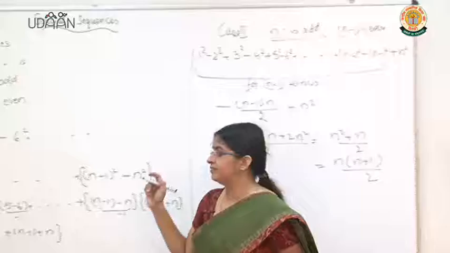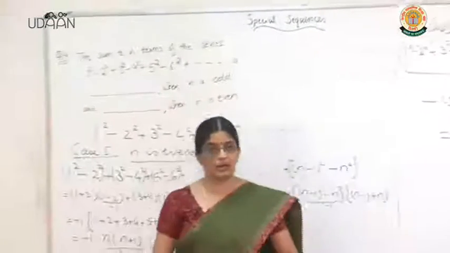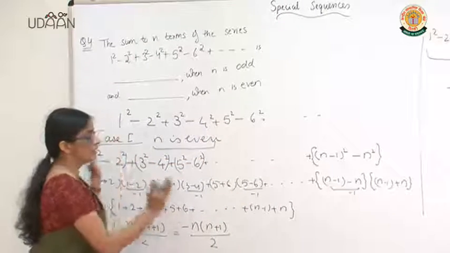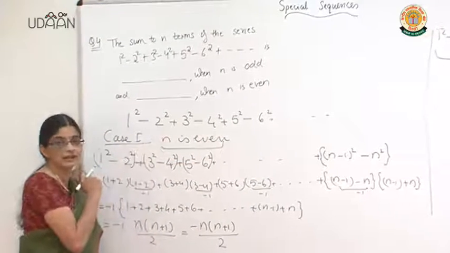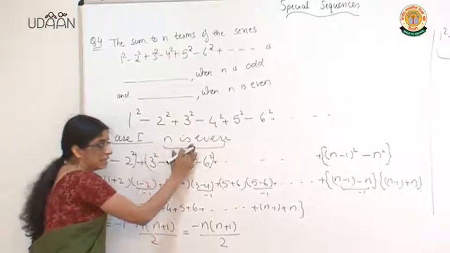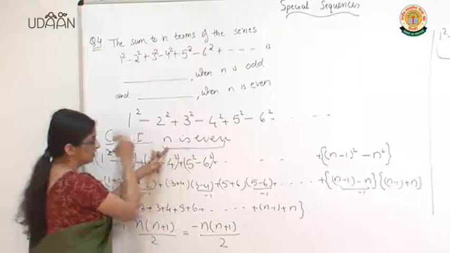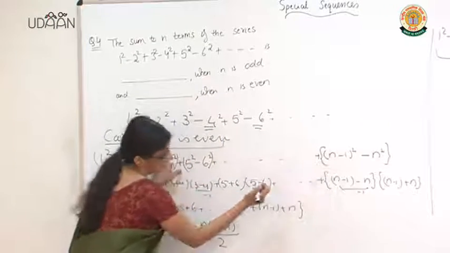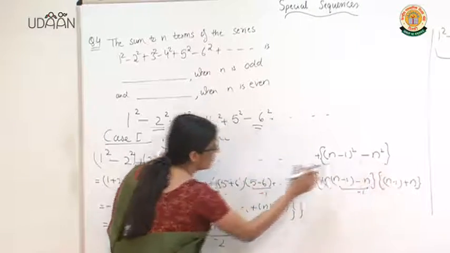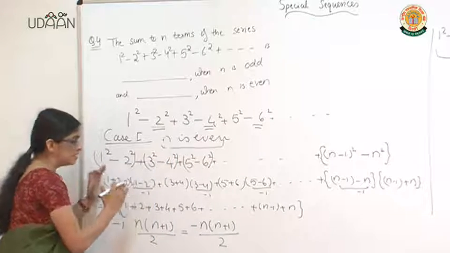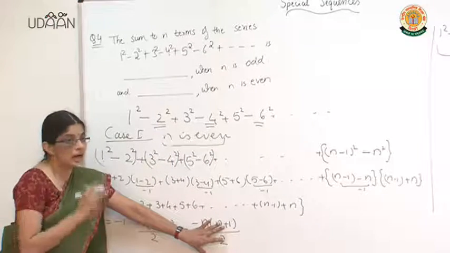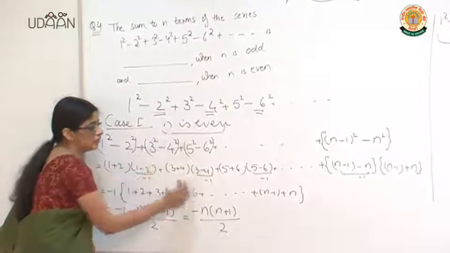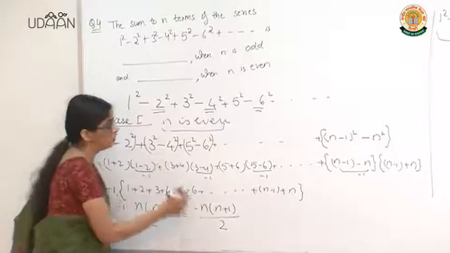Let us see what exactly we have done. The given series is 1 square minus 2 square, 3 square, minus 4 square plus etc. Since the last term was not given, two possibilities arise: one is when n is even, the other when n is odd. When n is even, we looked at the series closely; all even terms are negative, so we took the last term to be minus n square, paired the terms, factorized, simplified, and got this result. In the second case, we use this result because we have already proved that for n even, the sum is minus n into n plus 1 by 2.